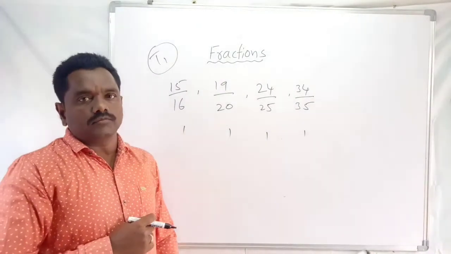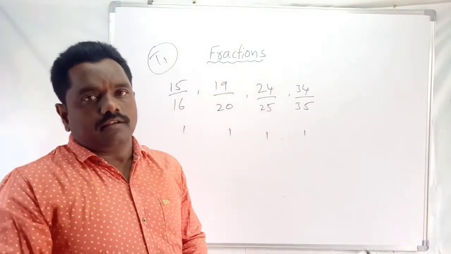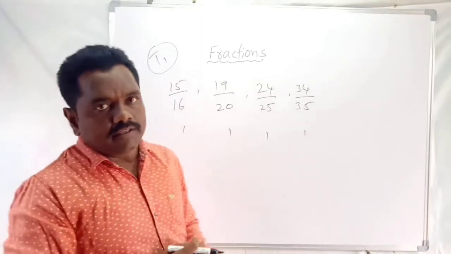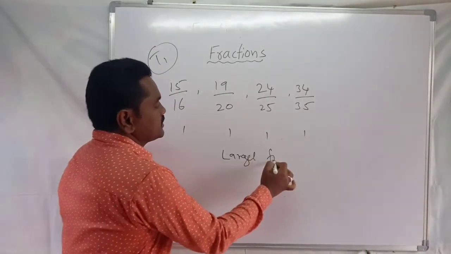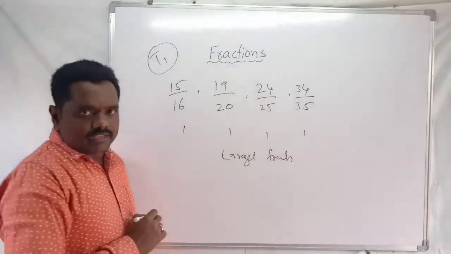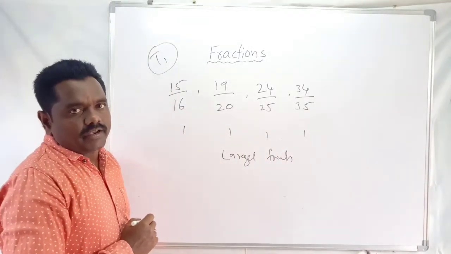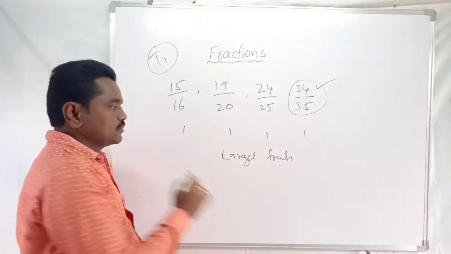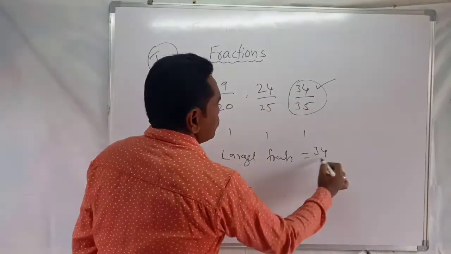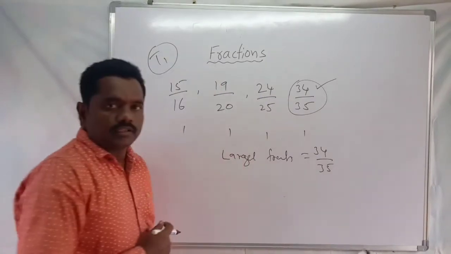At that time, the fraction with the highest numerator is the largest fraction. So which one has the highest numerator? This one. So the largest fraction is 34 by 35.